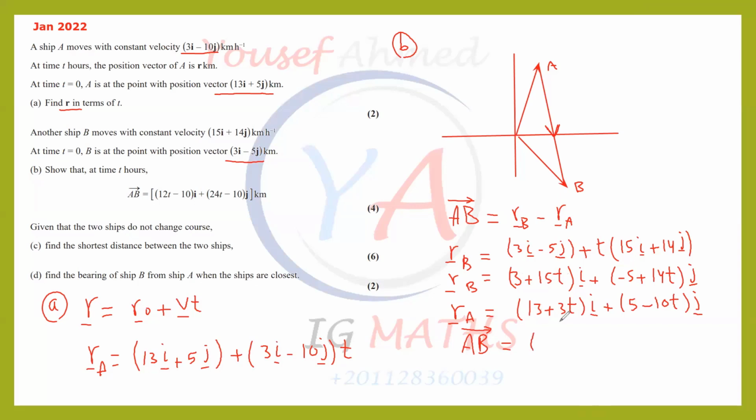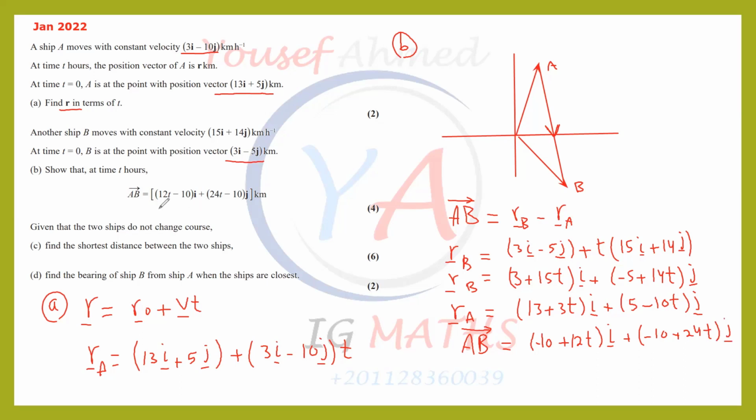We have negative 10 here, and it's 12t in the i direction, added to negative 5 minus 5, it will be negative 10, and here we have 24t in the j direction.